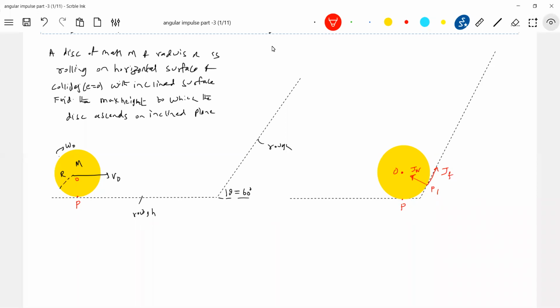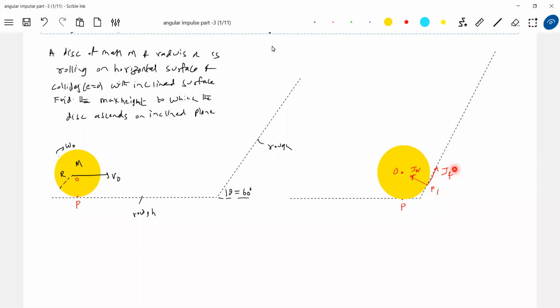A component of Jn will try to change the velocity V naught. This Jn will act normal, not horizontal. So the component of Jn cos theta will try to change the linear velocity.